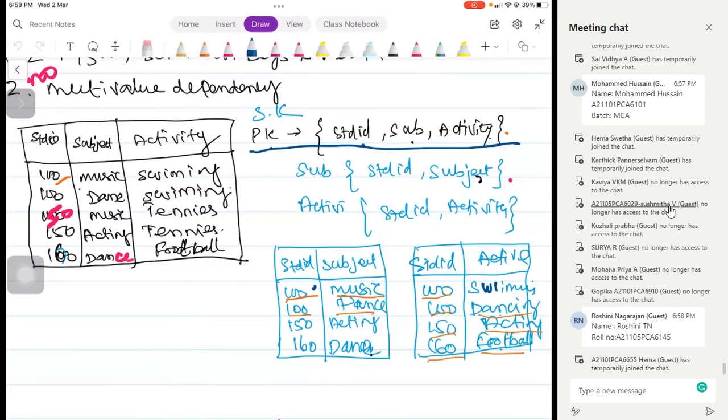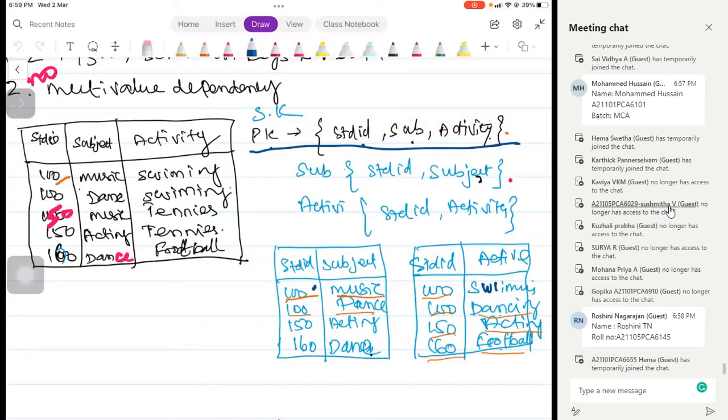So here, 100 student, he may have taken a course music as well as dance. 150 is acting as a course, and 160 is dance.